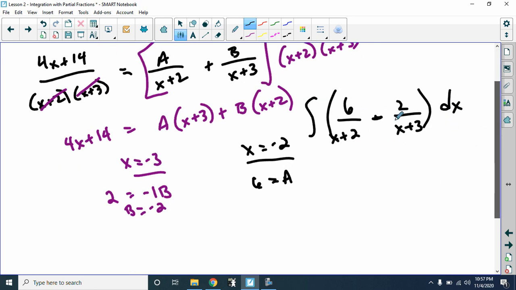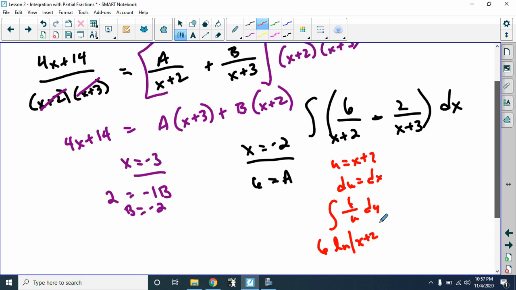And now we integrate this. Again, technically you are substituting here. So we get 6 ln of u. u is x plus 2. This works out the same way. Minus 2 ln of the absolute value of x plus 3.